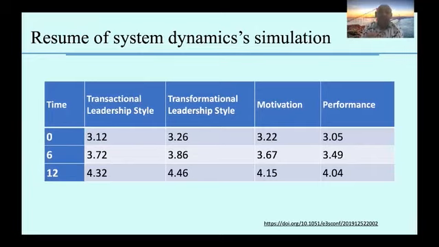And then after we simulate, we can get increasing scores of transformational leadership style, transactional leadership style, motivation, and performance from average more than 3 points to more than 4 points.